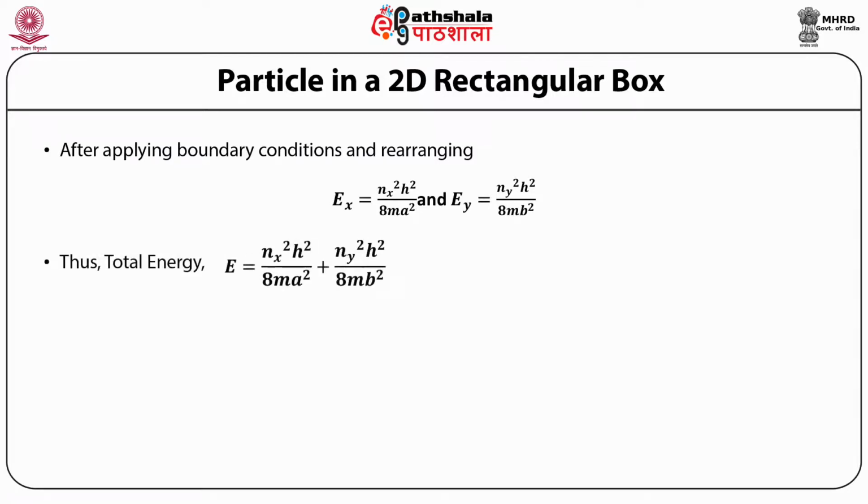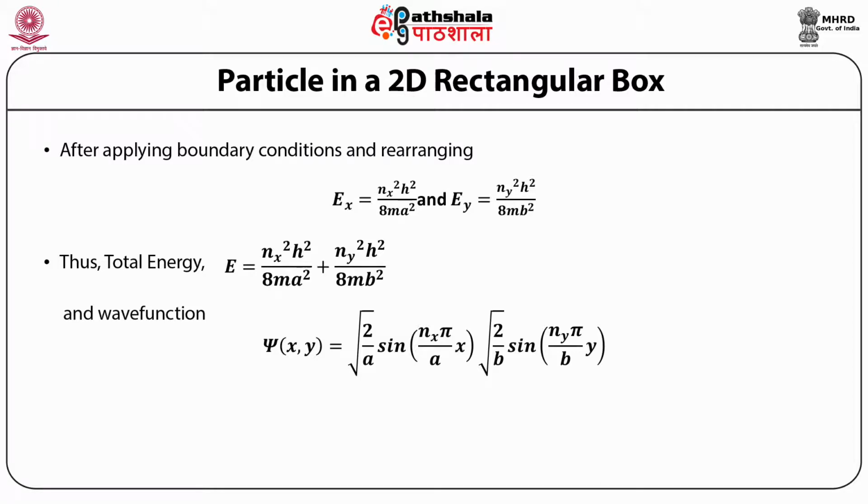So the total energy is given by E is equal to nx square h square by 8ma square plus ny square h square by 8mb square. And by normalizing the wave function, we get psi(x,y) is equal to root of 2 by a sine of nx pi by a multiplied by x, multiplied by root of 2 by b sine of ny pi y by b.